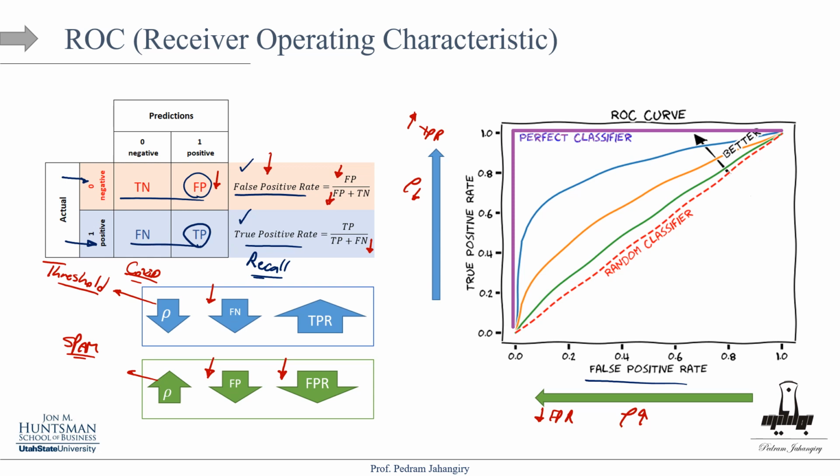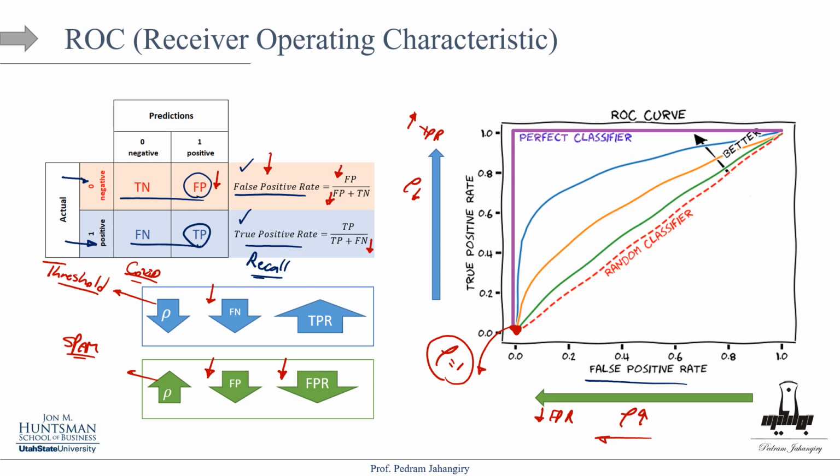If the threshold is 0.2, and so on. Let me show you the extreme cases, and then you can think of any numbers in between. This one is when the threshold is exactly equal to 1. As we go from right to left, the threshold is increasing, and as we go from up to down, the threshold is also increasing. So here is the maximum threshold.